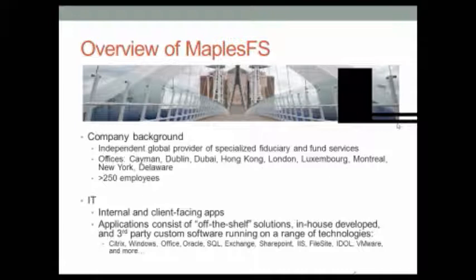More and more is unique to MaplesFS, and we've sort of carved out a chunk that we can call our own, so that we had a little more flexibility to drive on with some initiatives and break away from the mold where it makes sense, yet still take advantage of some global IT services across the board.